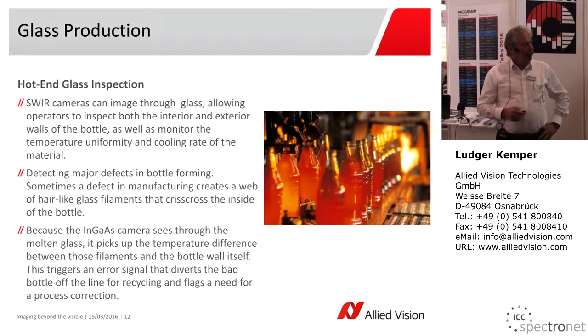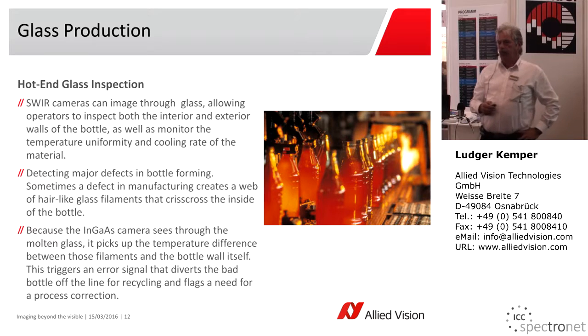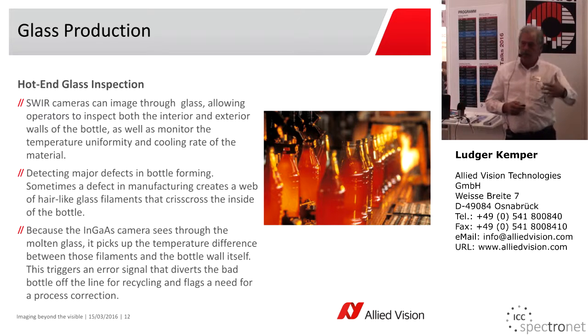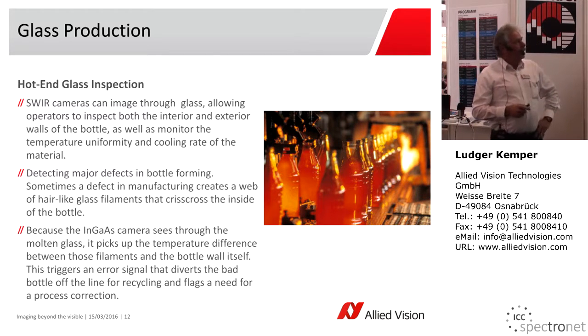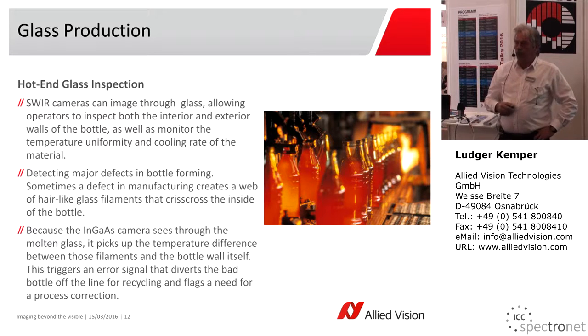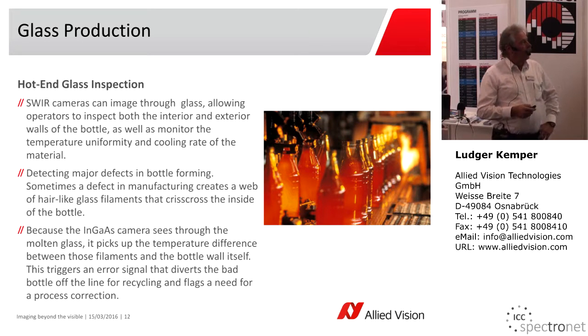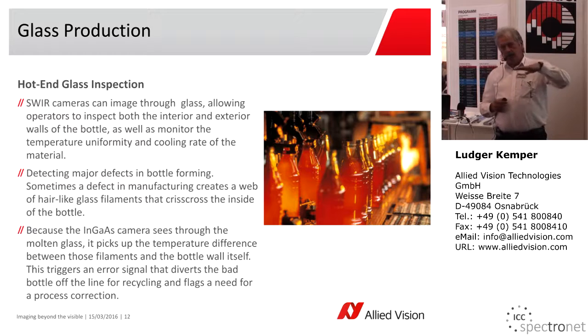You can use thermal cameras, from 8 to 40 microns, but there you can only see the surface. With a SWIR camera, you can look through glass, because glass is transparent up to 2,500 nanometers, and you can inspect both sides of the bottle in one shot.